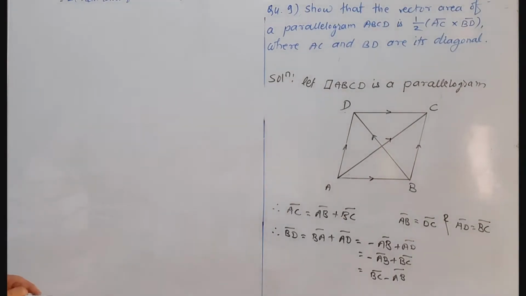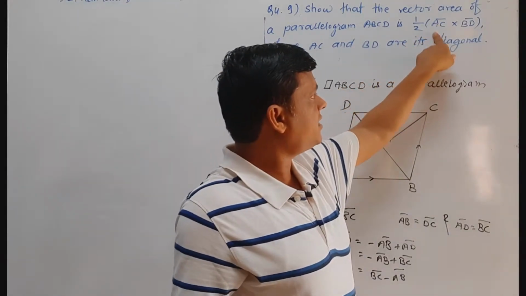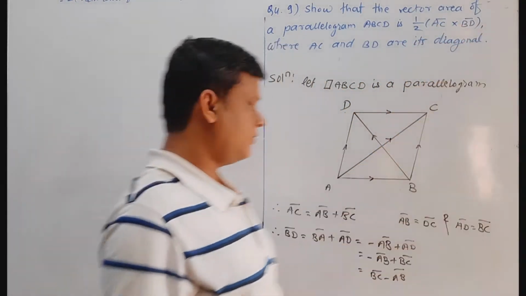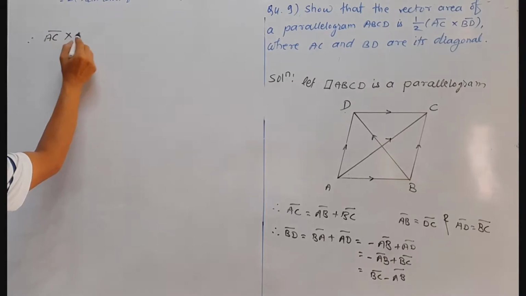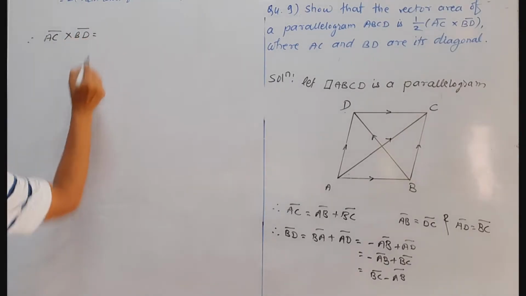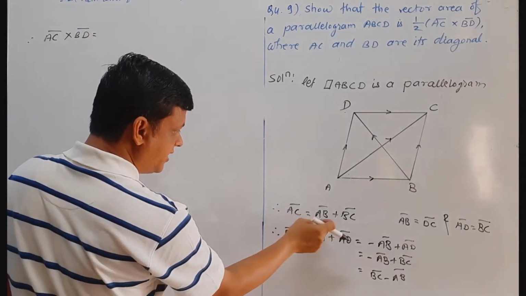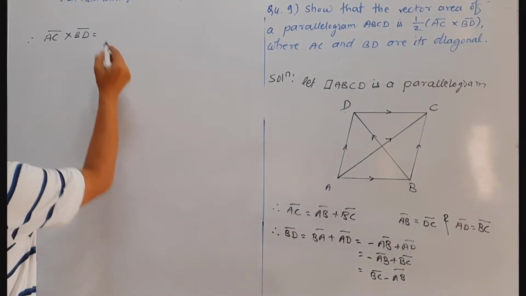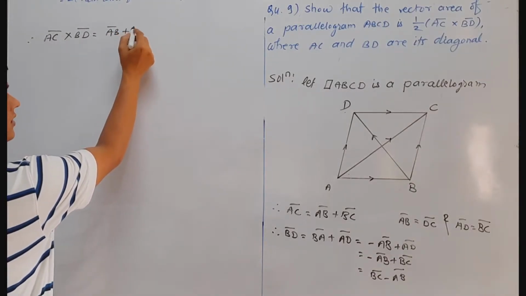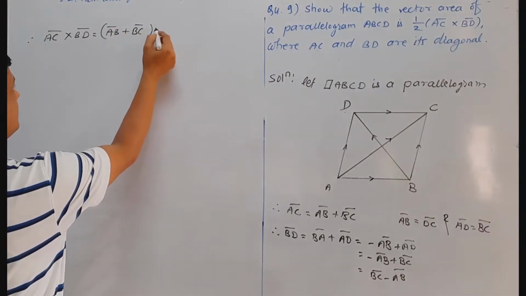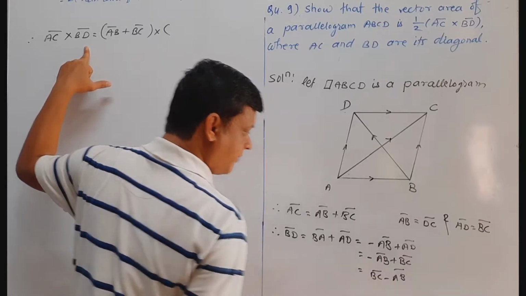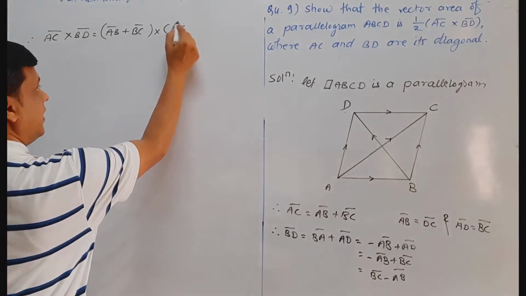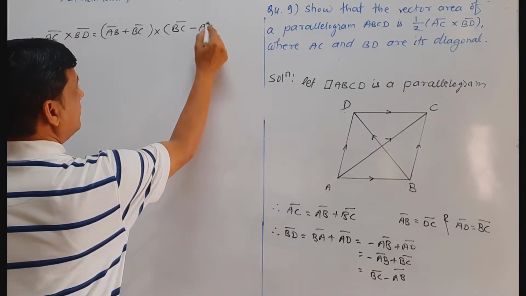Now see, we calculate the value of vector AC cross BD first. Therefore vector AC cross vector BD is equal to, substituting the value of vector AC as vector AB plus vector BC, cross vector BD as vector BC minus vector AB.